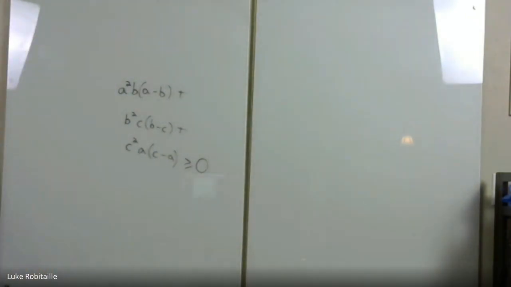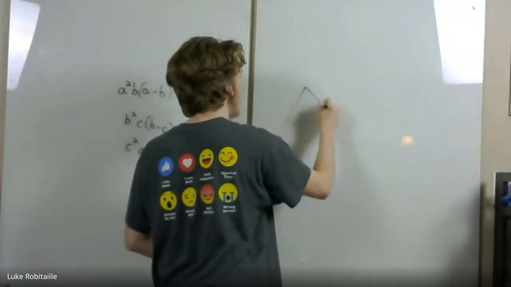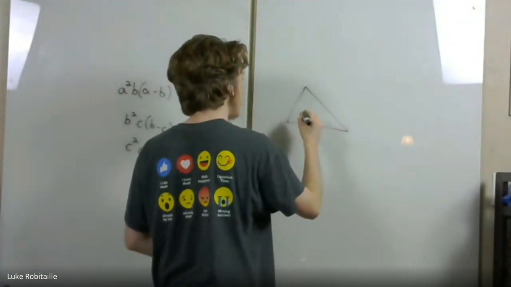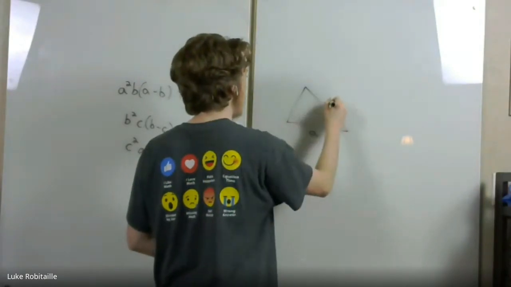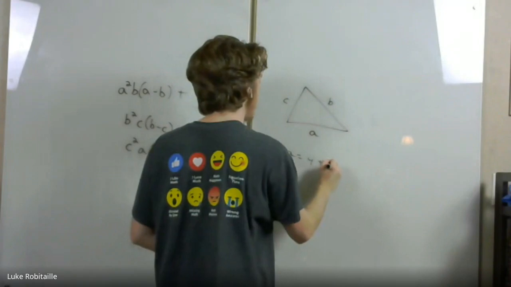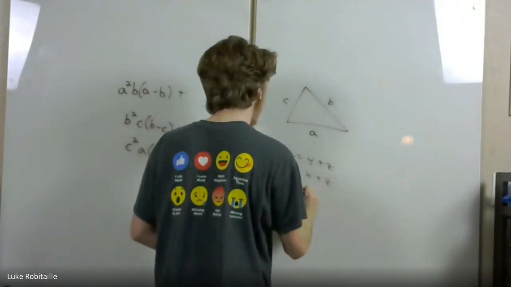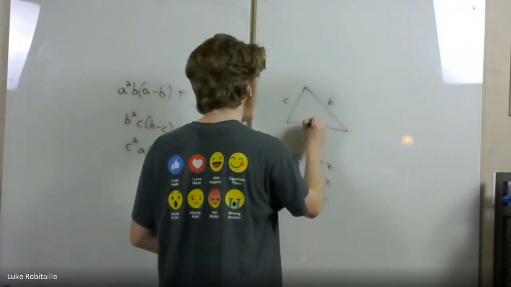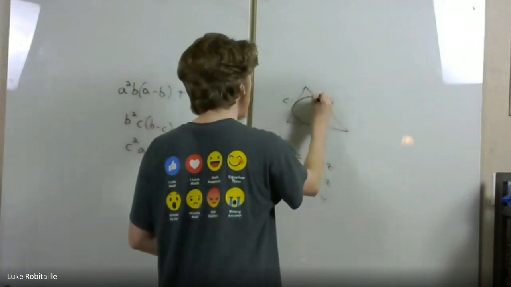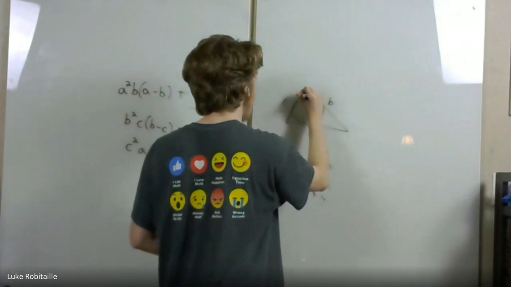But the idea is that when you have the lengths of the sides of a triangle and you want to do things with them, it might be useful to set a equals y plus z, b equals x plus z, c equals x plus y.